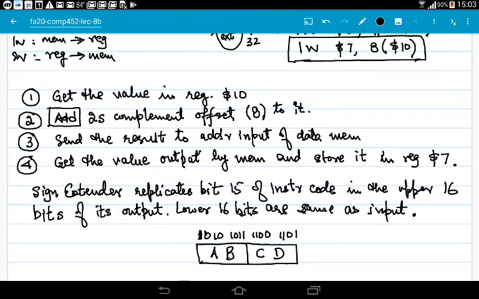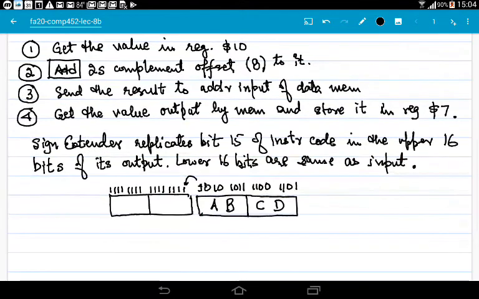Now look, this MSB is 1. This most significant bit of the offset is 1, so the sign extender will replicate it here, and you will get 1111 1111 1111 1111. This is what the sign extender will do.